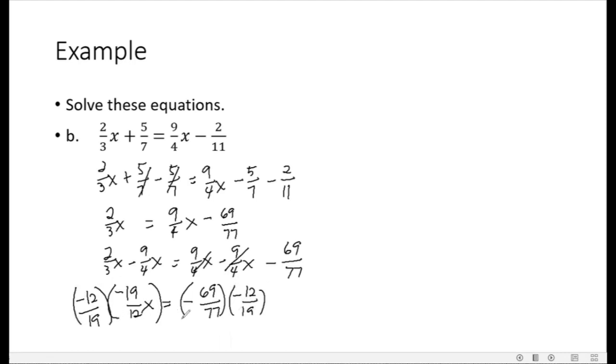So our left side becomes just x. X equals, and our right side is 69 times 12.